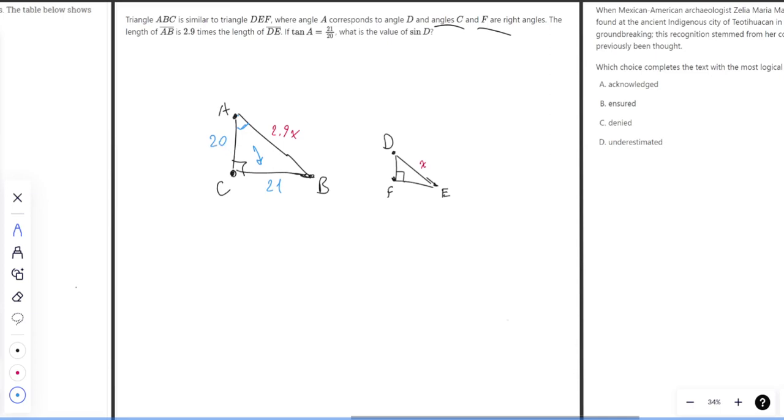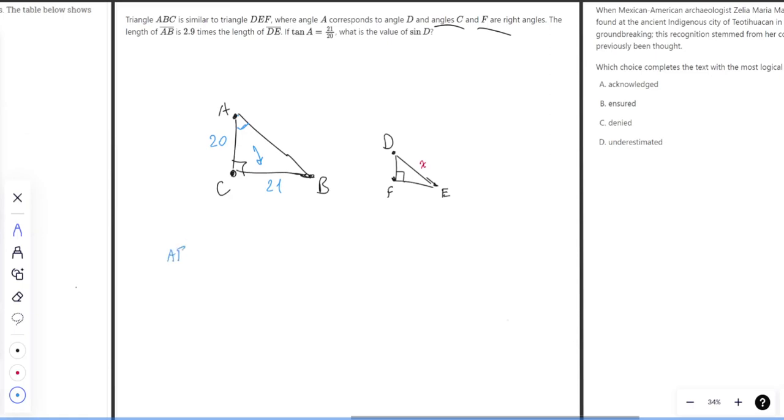And then it's asking for the value of sine of D. Sine of D would be the ratio of the opposite side to the hypotenuse. I'm not sure if this is a Pythagorean triple, but to find the length of the hypotenuse for this triangle, we're just going to use the Pythagorean theorem, right?